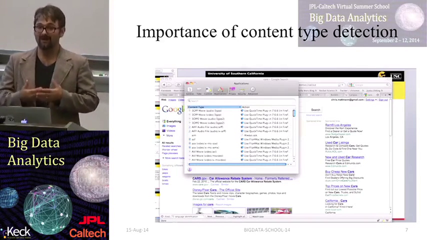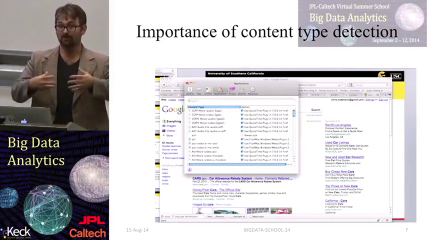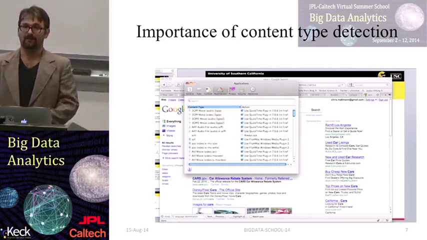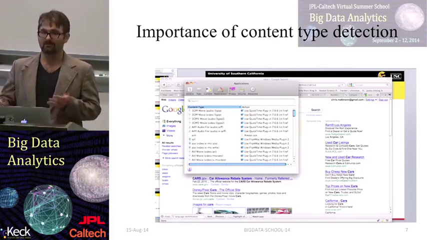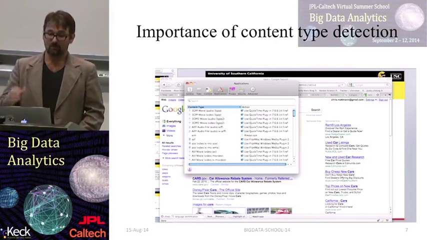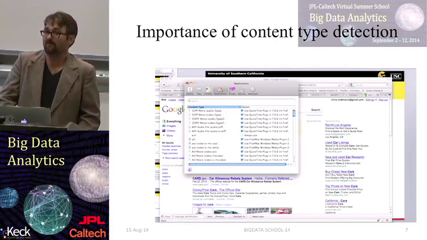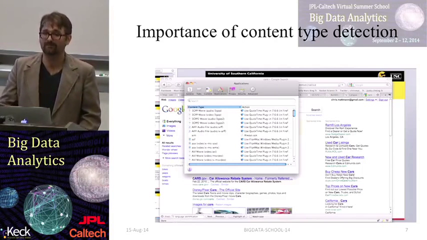To tell that it's an Excel file, we need some mapping of the content types and some ability to detect them, and then to map them to a specific application. It's so important that it's appearing in software that tens of millions of people are using nowadays.